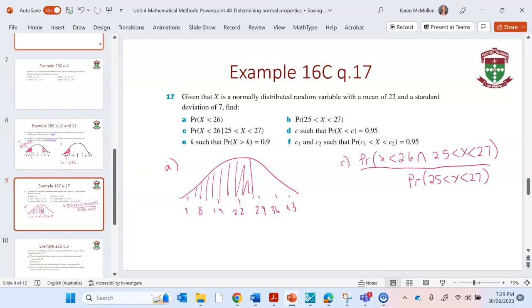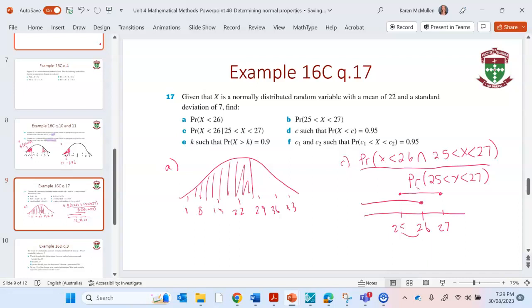Now, if you're ever unsure, you just draw a number line. So for the first one, X is less than 26. Doesn't matter whether it's included or not. And the next one is from 25 to 27. All right, so what do they have in common? They have in common from 25 to 26. So you can see that on your number line.